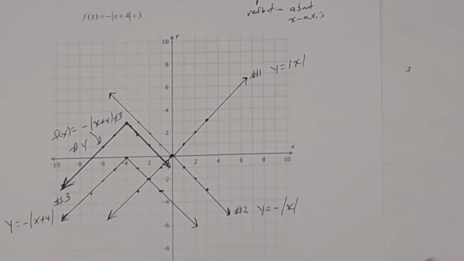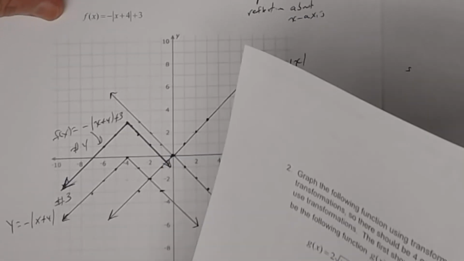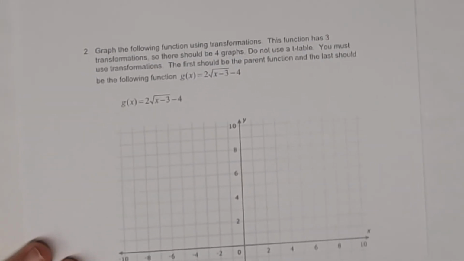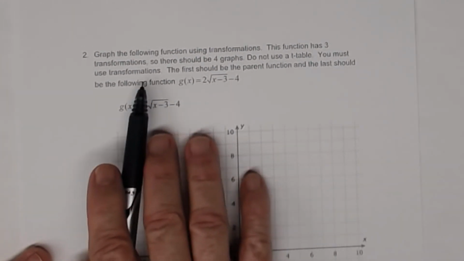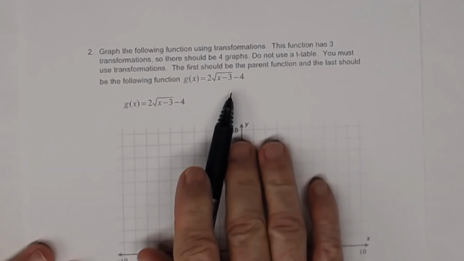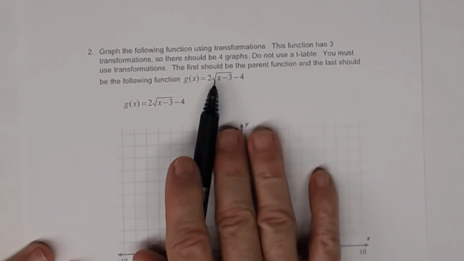All right, let's look at number 2. Now, number 2, we have a square root function. And again, I need 4 graphs in this coordinate plane. One of them is going to be the parent function, y equals the square root of x.